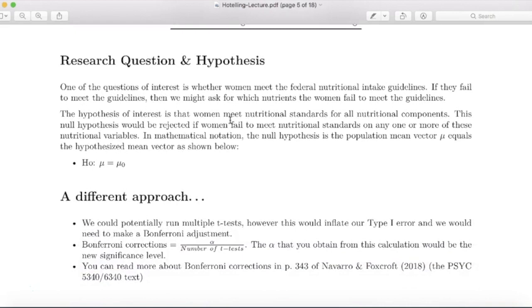So what's recommended in this case is that when you do multiple t-tests, and this happens a lot in my experience, what you should do is use a Bonferroni correction. A Bonferroni correction consists of basically taking the alpha, which usually is 0.05, and dividing by the number of tests.